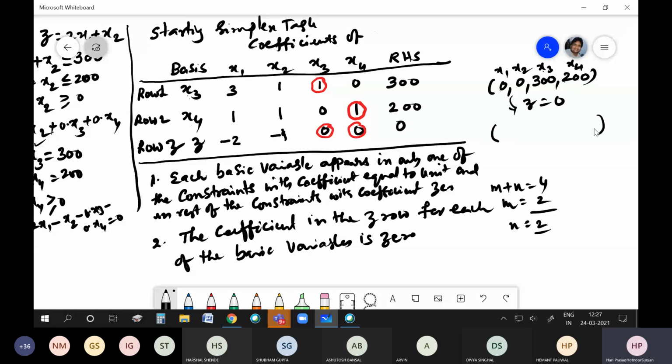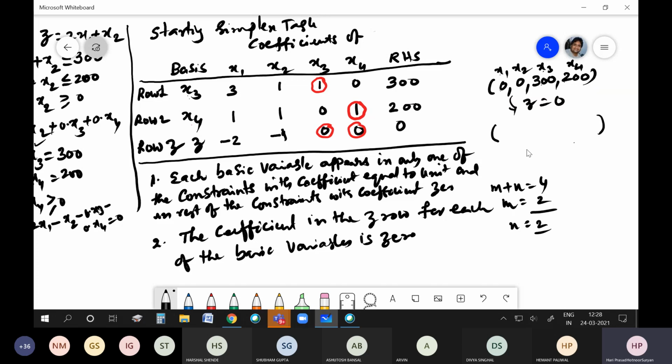That means I can make x3 or x4 equal to 0, one of them, and when I make one of them 0, I have the option to make x1 or x2 non-zero, so that I get a basic solution. So one from x1 and x2 should enter the basis, and one from x3 and x4 should leave the basis, so that we get a new basic solution.